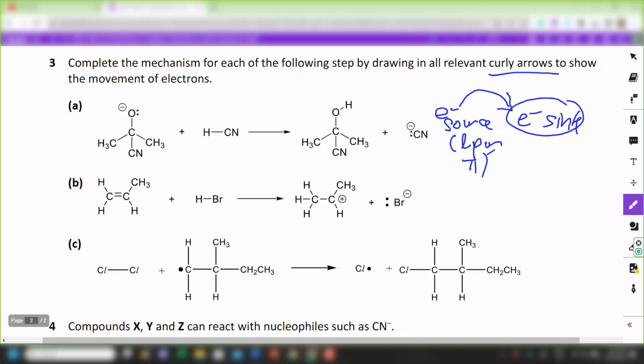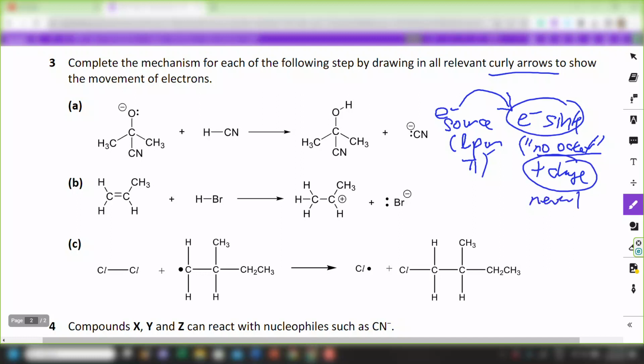The electron deficient sites can be maybe unsaturated, so it doesn't have the octet configuration. Or it tends to have, say, a plus charge. No octet configuration means that it will either have a plus charge or it could be neutral as well.